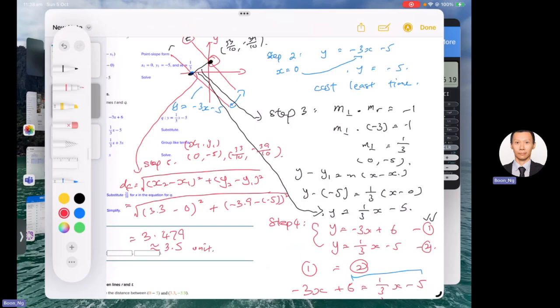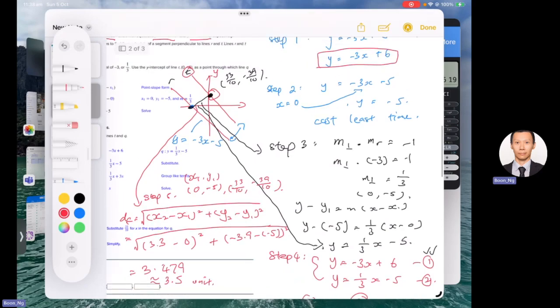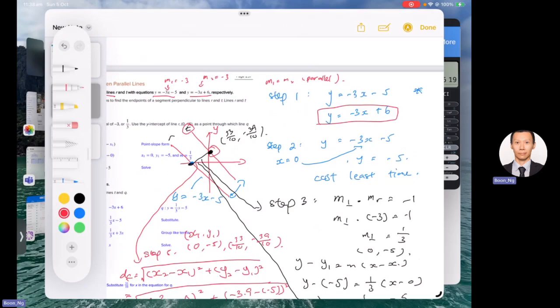Okay, and one more thing you can see here: we started using this equation, and then when we find the coordinate, the intercept doesn't change.